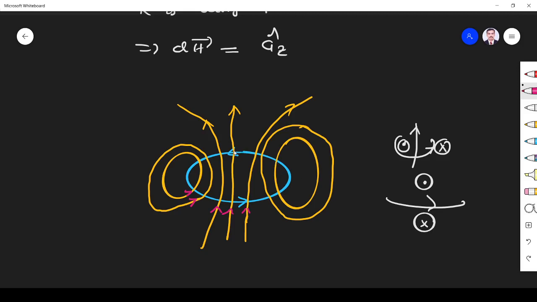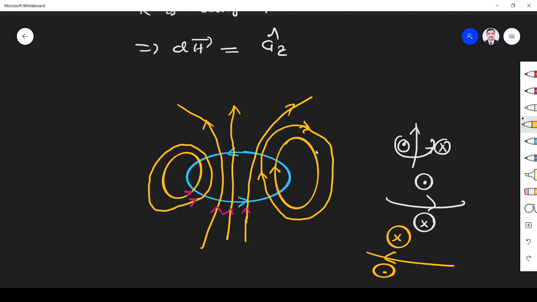So similarly here it is coming out. You see what will happen, right? So if it is coming out, I draw the diagram. Suppose it is like this. So it will be a cross, it will be a dot. We know by the right-hand rule. So if it is coming out, everything will be coming out, and this side it should go in. That's what it is, going in. So this side it should come like this, right?